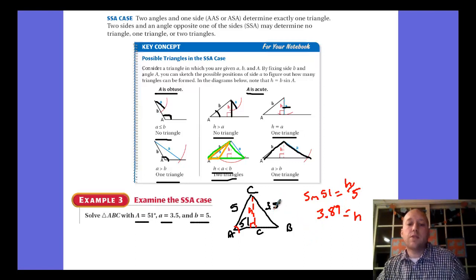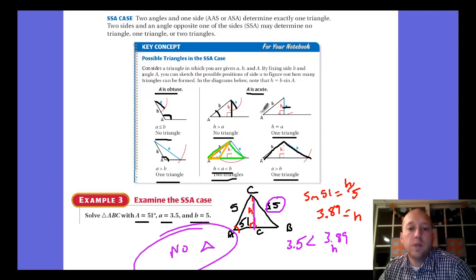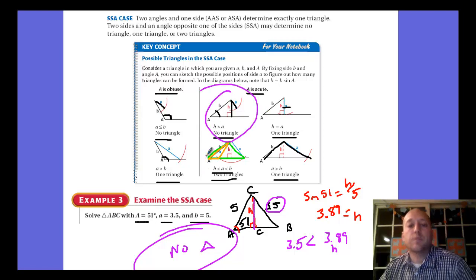So since this segment right here, 3.5, is smaller than h, 3.5 is less than 3.89, that side is less than h. We get no triangle. And that's this scenario right here. So we have these possibilities which become quite difficult to first assess and then be able to solve.